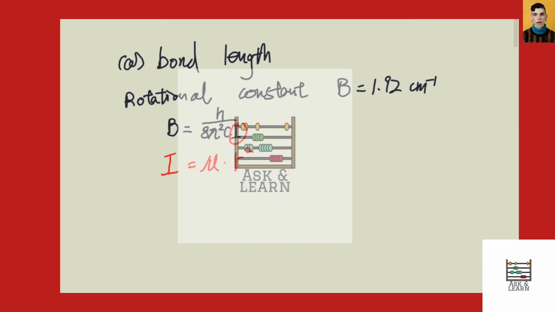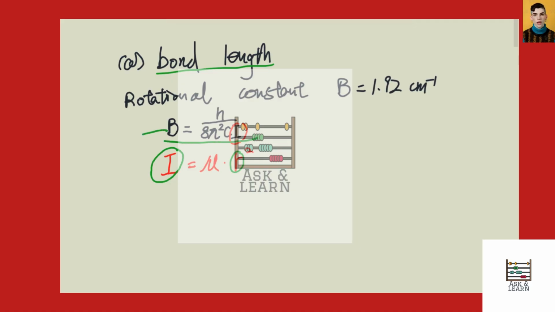And the bond length is what we need to calculate. So now the answer becomes very clear, right? In order to calculate the bond length, we first need to know the moment of inertia, and in order to know the moment of inertia, we need to use this formula.